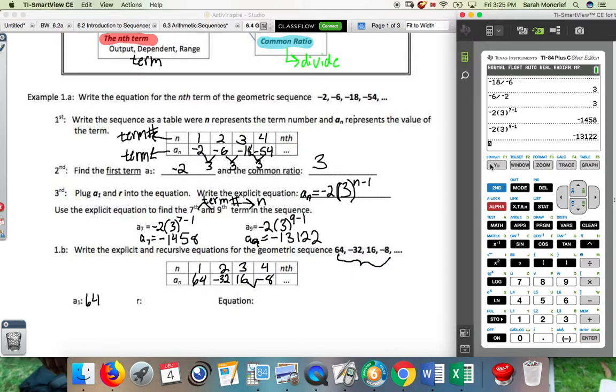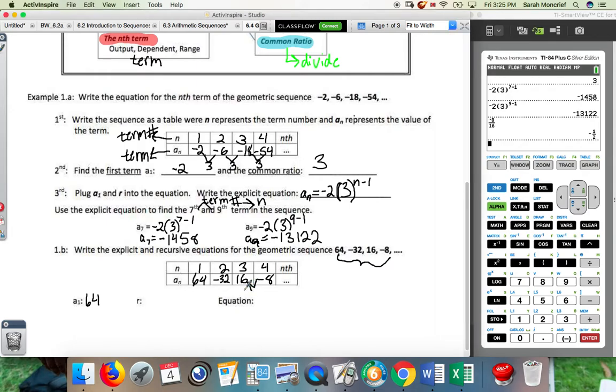I'm going to use a fraction bar because I think it's easier. So -8 over 16. And what do I get? -1/2. So right now I think my ratio is -1/2. But I want to keep going because maybe it's not. Let's check 16 over -32.